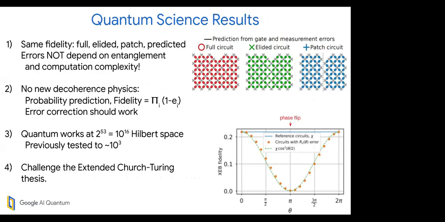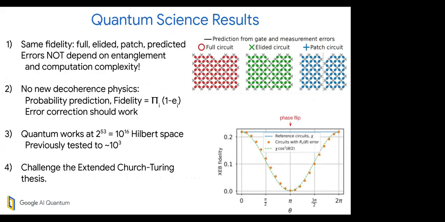So what have we learned out of this experiment? A few important lessons, I think. One of them is that at least with this Sycamore chip, which has controllable couplers, so you can turn the couplers off, we get the same fidelity for full cross entropy as predicted by the discrete error model or patch XEB.